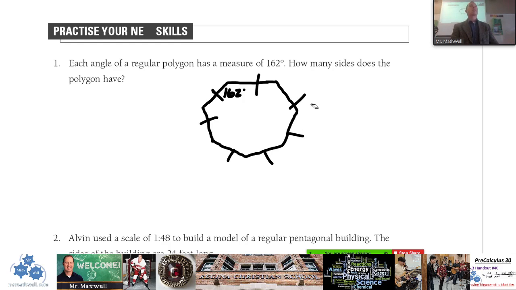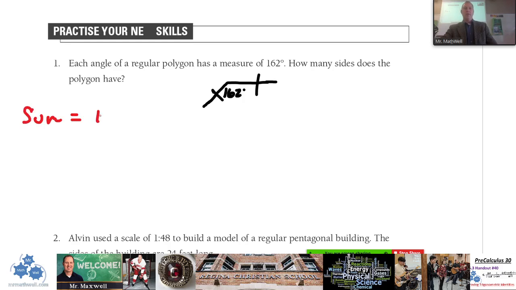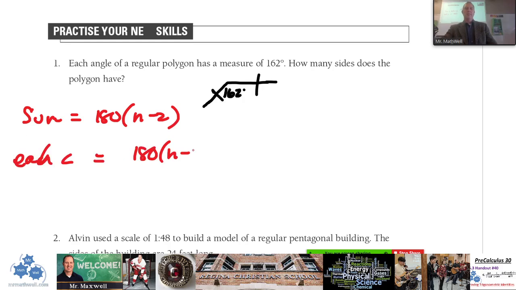Well, let's go back to the formula. The formula is really important here. So what is the formula? What we know is the sum of all the angles is 180 times n minus 2. Each angle is 180 times n minus 2, divided by n. And what am I given?